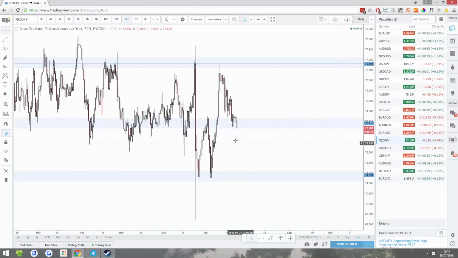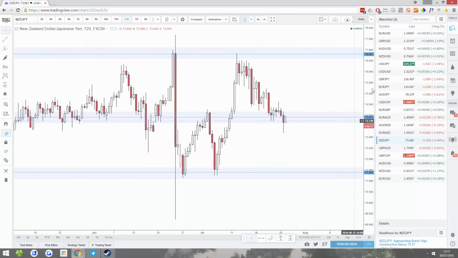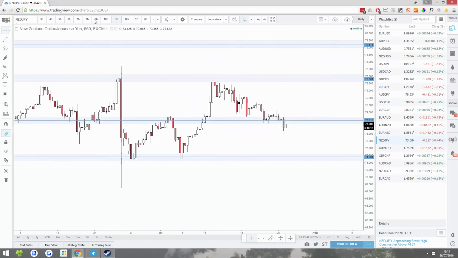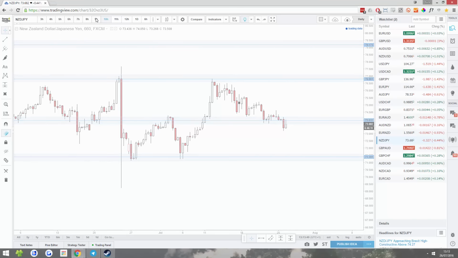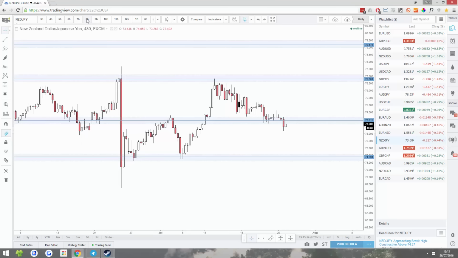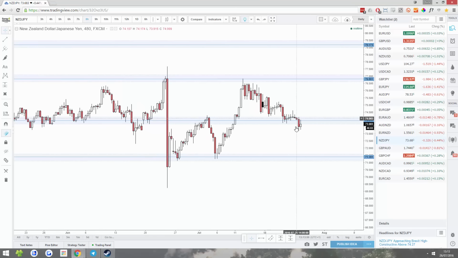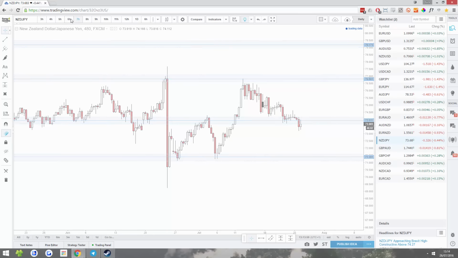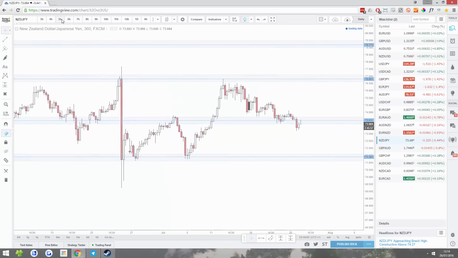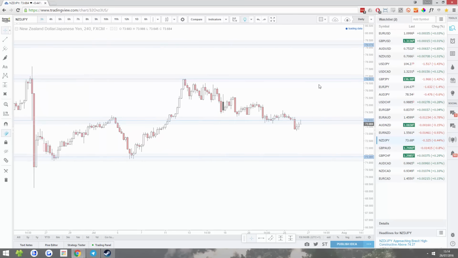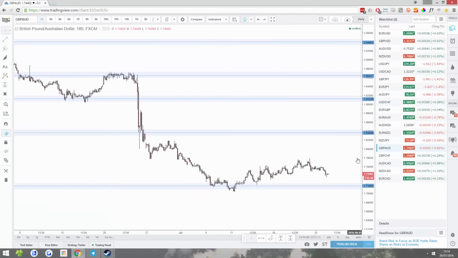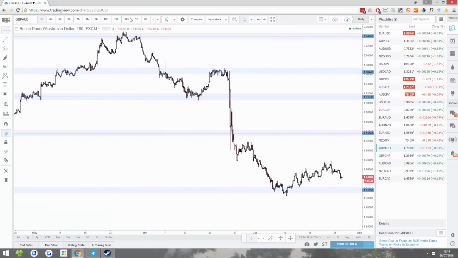New Zealand JPY is nah, that lower wick is way too low. Maybe, but no, I'm not. It looks like price is stalling on top of an area of support, but it's just not the kind of setup I'm looking for. GBP AUDs are between two support resistance areas.